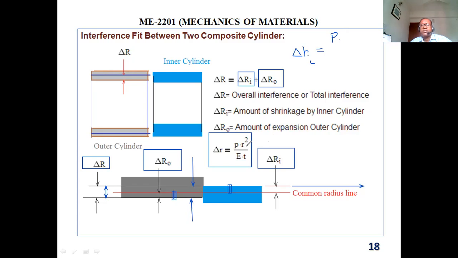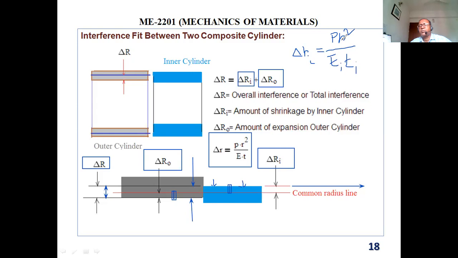And remember, the inner cylinder will feel pressure right over here from outside, right? So you need his radius divided by his value of E into Ti, that means wall thickness, this whole square.